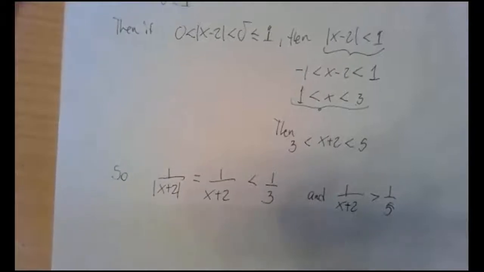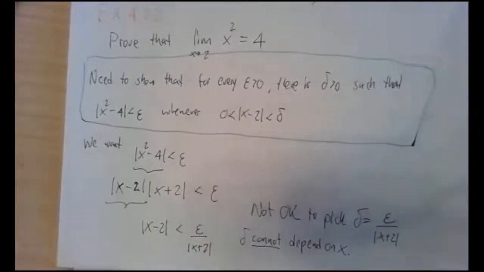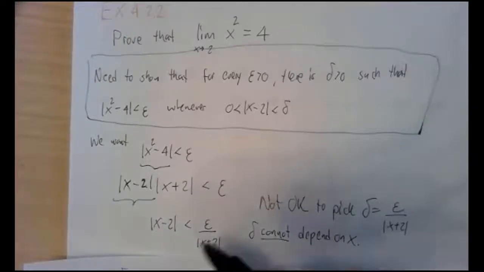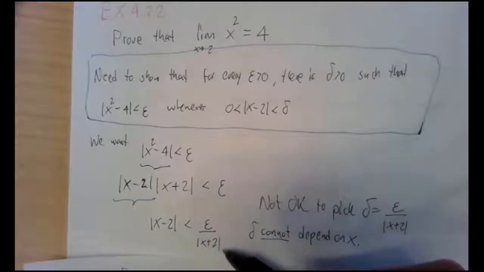All right, I think we're ready. So let me show you why I think we're ready. Let's go back to what we had over here. We wanted to make delta this number, but that doesn't work. Now instead we can use 1/5, I believe, right? Because if we make delta epsilon over 5, then, okay, I'll write it down and I'll explain what I mean by this.